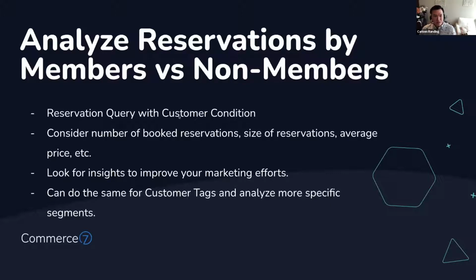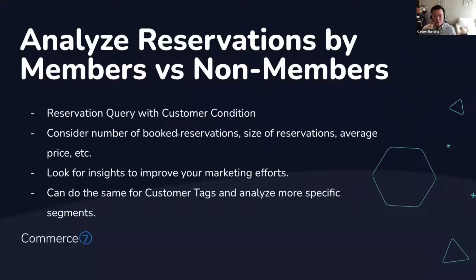You can do so by creating a reservation query, setting it to the customer condition, and looking for reservations placed by active club members. Once you've run the analysis, you will be presented with a list of reservations that are placed by these customers, and you can look into it further.